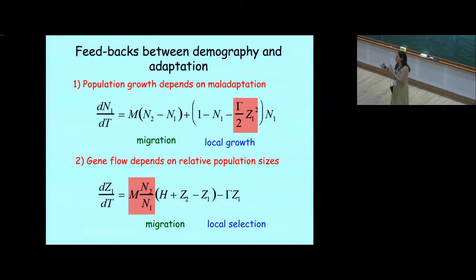You can affect it through drift or coalescence, but not through the fitness load affecting your demography. So indeed, in this model, I'm looking at a situation where maladaptation has an impact on demography. There might be a situation where maladaptation has no impact on demography, but that's not what I'm looking at.